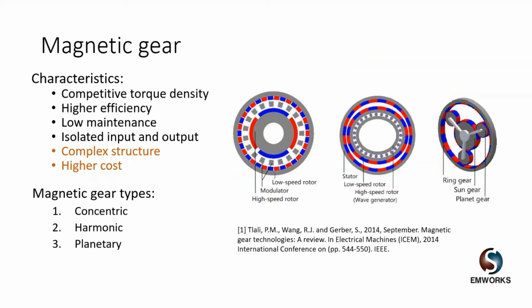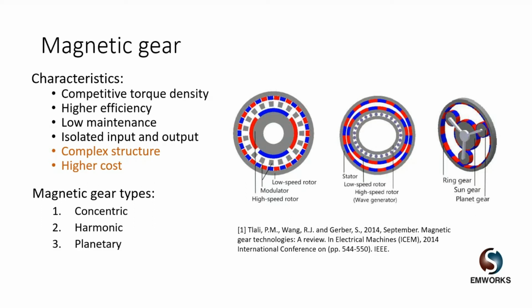So now that we're done with EMS and the overview of different solvers, let's dive into our topic for today, which is magnetic gears. As you probably know, the only difference between magnetic gears and traditional mechanical gears is that they use a different mechanism to transmit torque from one end to another.